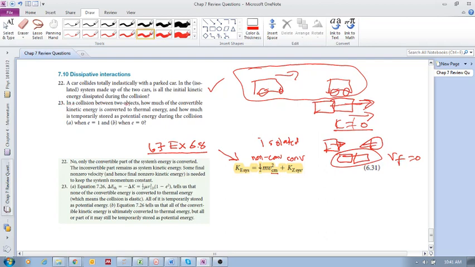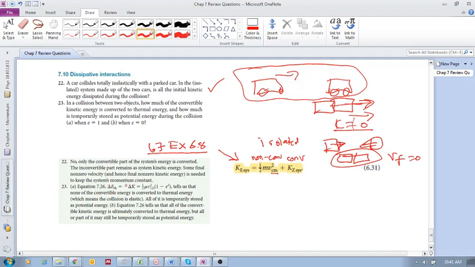In a collision between two objects, how much of the convertible kinetic energy is converted to thermal energy, and how much is temporarily stored as potential energy during the collision when e equals 1 and e equals 0? We know e equals 1 is an elastic collision, and e equals 0 is totally inelastic. Check out equation 7.26.